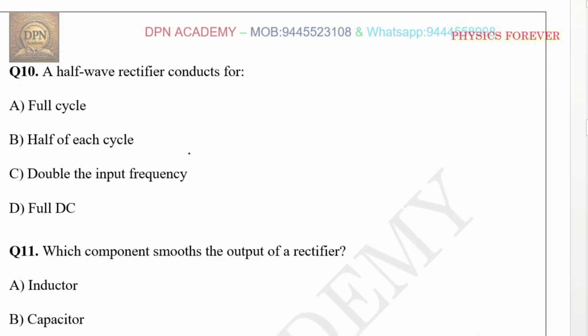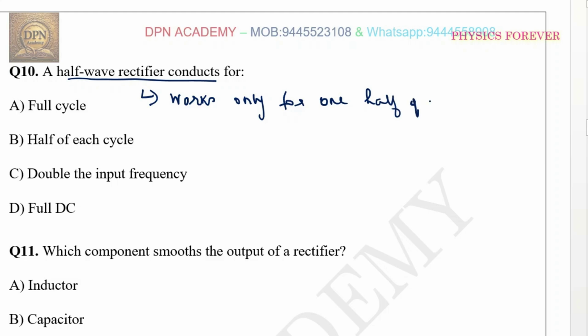A half wave rectifier conducts. So previous question, then question 8 understand panninda you can easily answer this. For 10th one, a half wave rectifier எப்ப conduct பண்ணும், that is the important. Then half wave rectifier works only for one half of AC cycle.